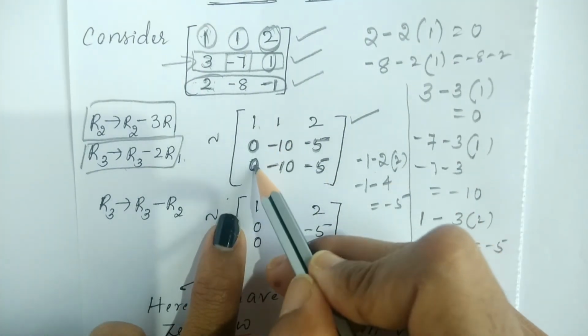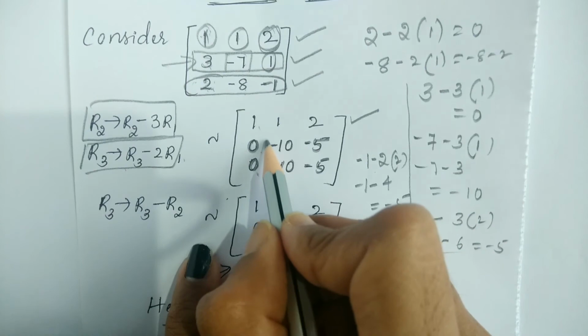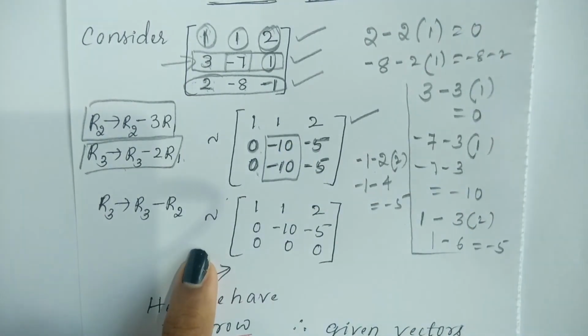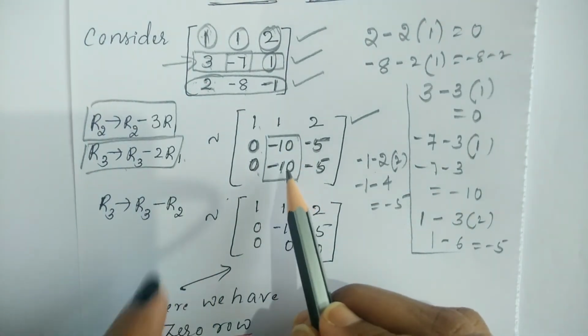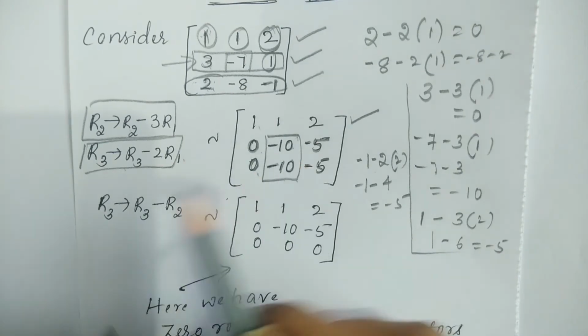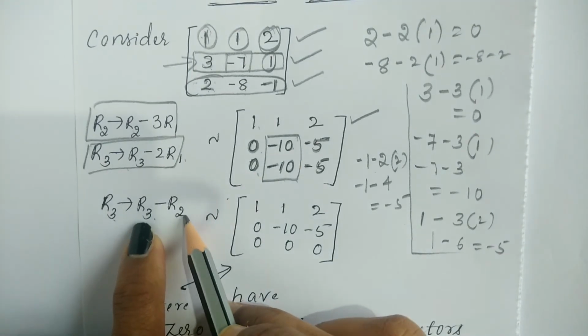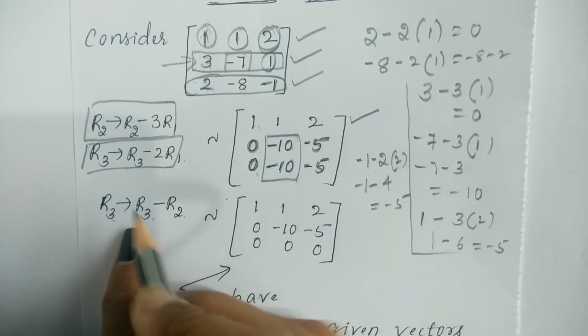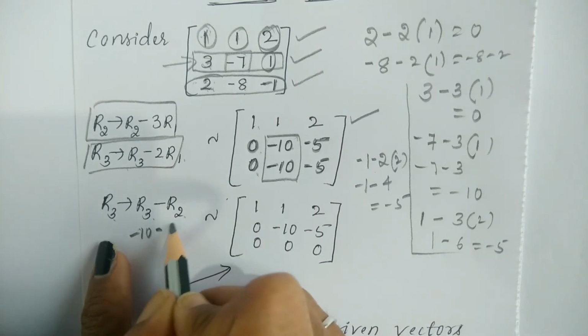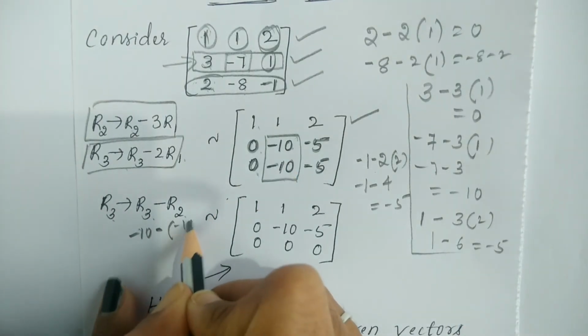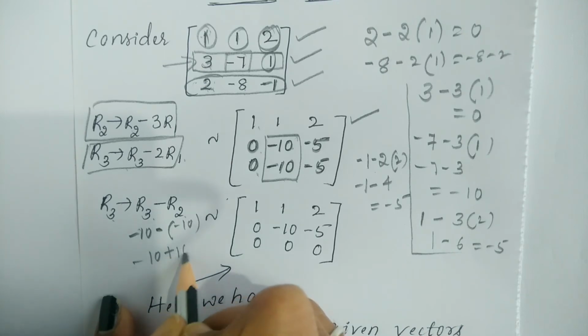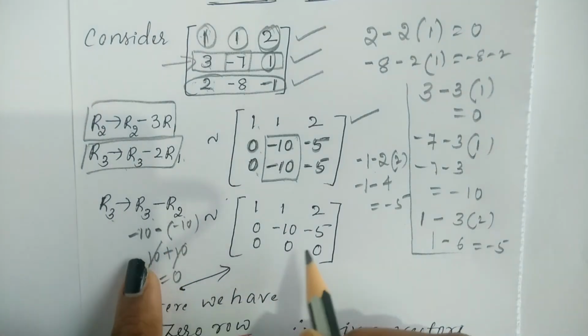So 1 with 0 0 below, we get that one. Now here we have the same element, so we remove between R3 and R2. So R3 changes to R3 minus R2. R3 is -10 minus R2, which is -10. So minus into minus plus, 10 cancels, we get 0. So R3 becomes 0.